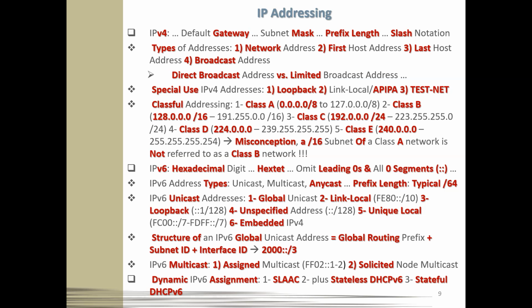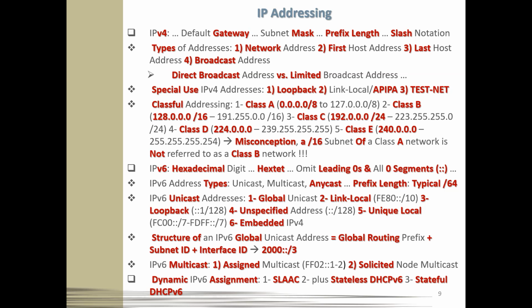So interface ID, the third part, is equivalent to what you had as host portion in IPv4 addresses, and it's the one that gets automatically generated when we use a dynamic address assignment for link local addresses if you don't configure it yourself statically.